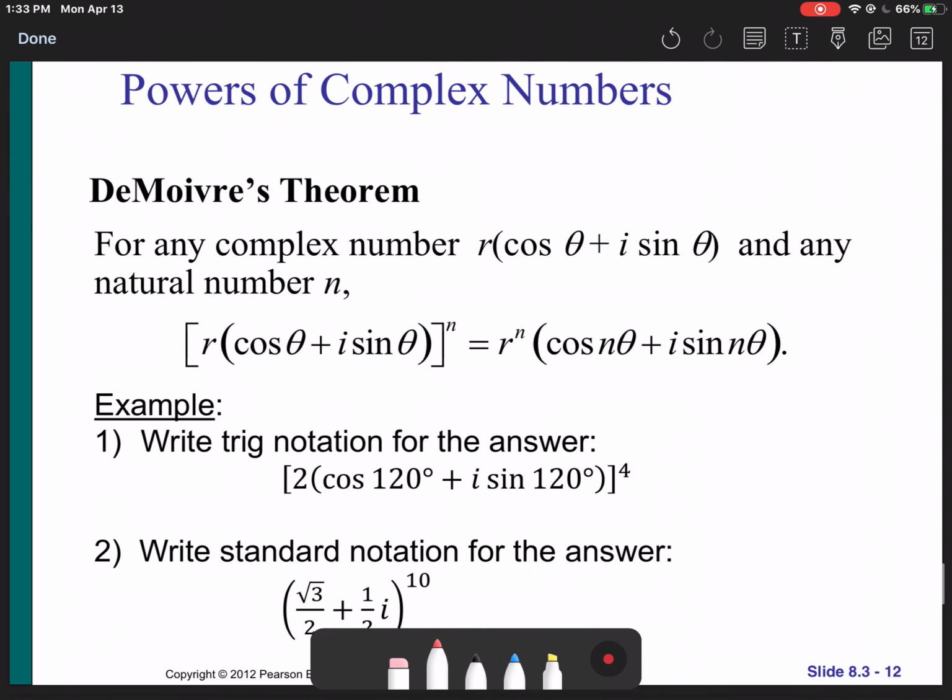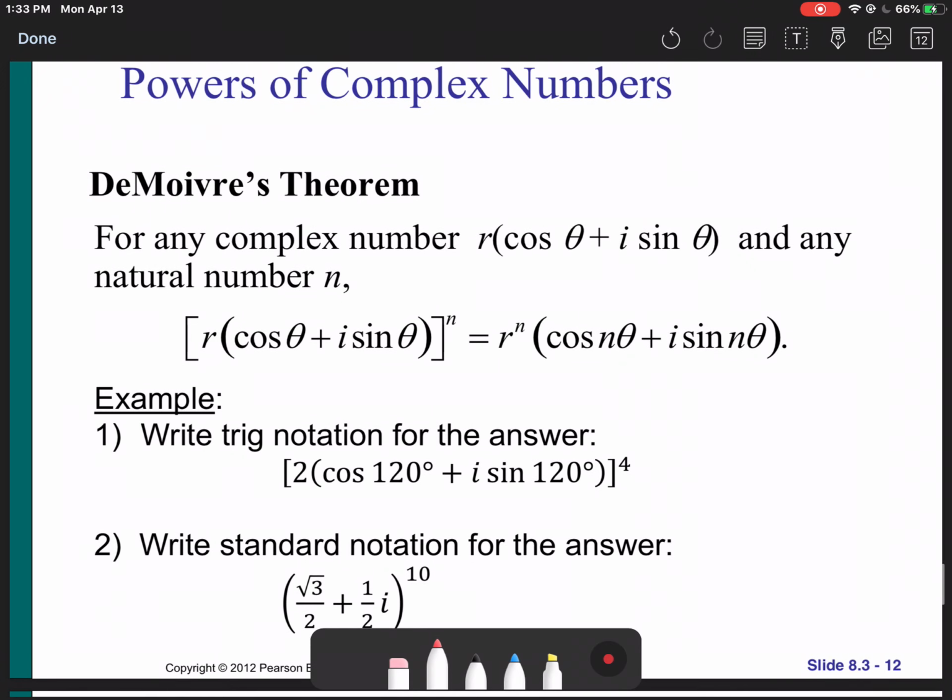This we're a little more interested in. These powers of complex numbers and this use of what's called De Moivre's theorem. It's named after one of those famous dead mathematicians, De Moivre. I think he was French. So, yeah. This theorem has a couple of parts to it. Both parts are dealing with powers of complex numbers.